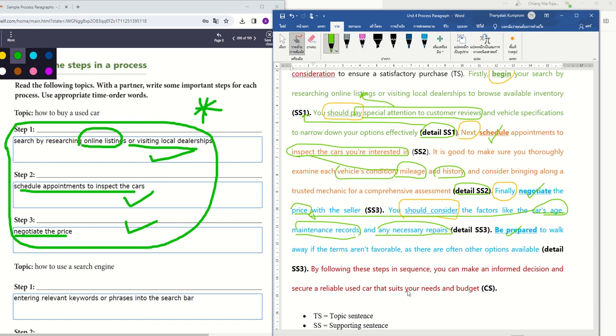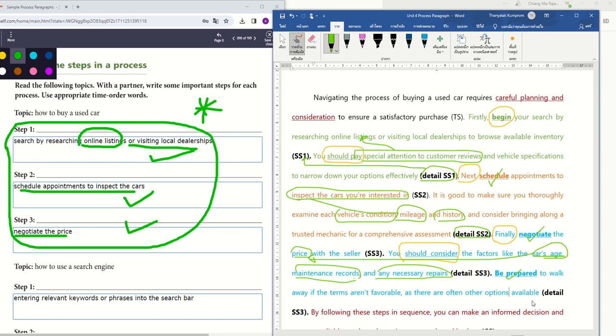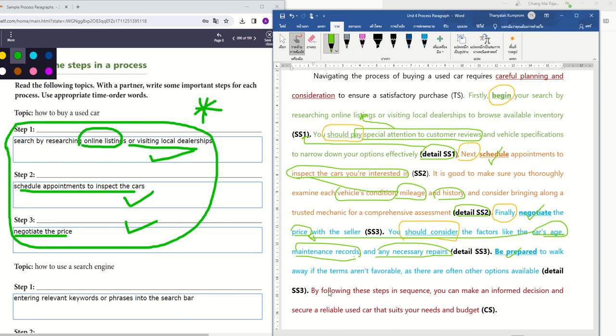Okay, so again, in a paragraph, you have topic sentence. Topic sentence can also be the introduction or introductory sentence as well. And then a body of a paragraph, which consists of 3 steps, how to buy a used car. And the last one is concluding sentence. Now I added details.